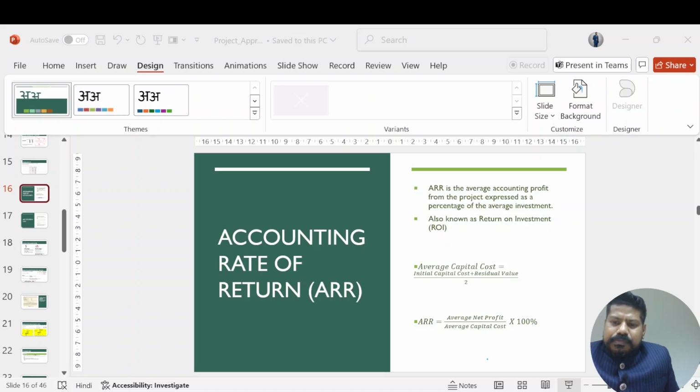Or if you want to calculate present value, it is future value upon 1 plus r raised to power n, where r is the rate of interest and n is the number of years.